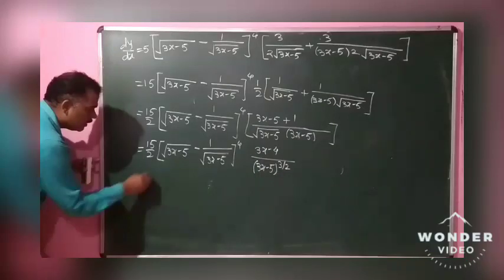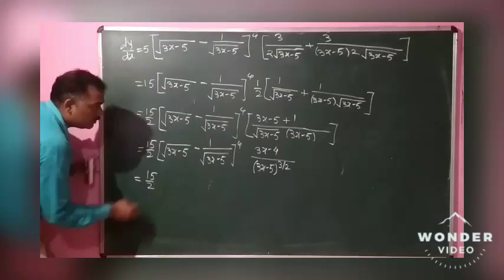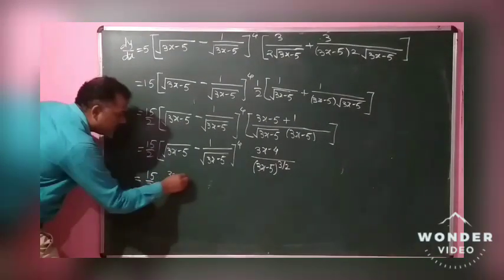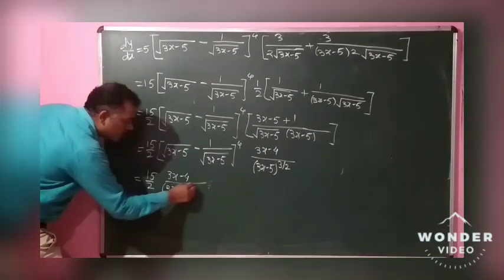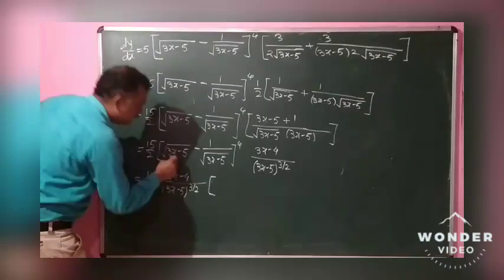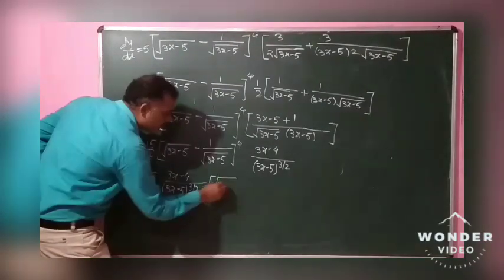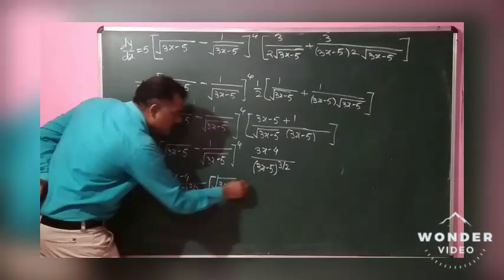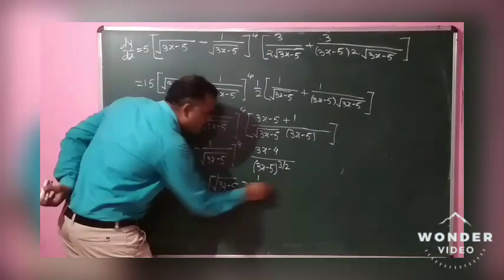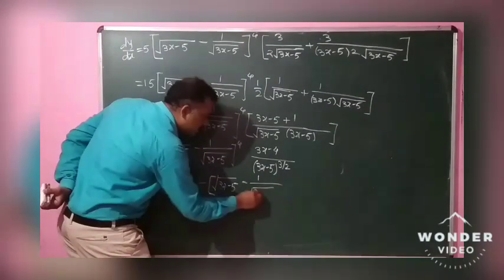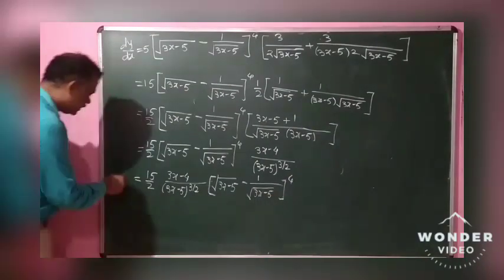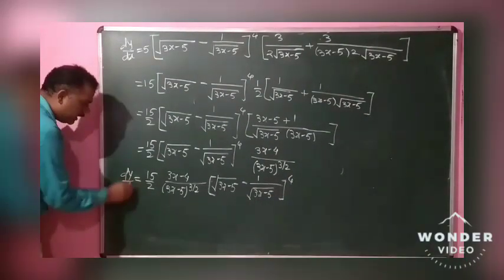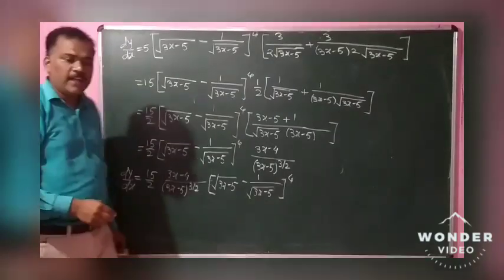That is 15 by 2 into 3x minus 4 divided by 3x minus 5 raised to 3 by 2 into this bracket as it is root of 3x minus 5 minus 1 upon root of 3x minus 5 bracket raised to 4. That is the dy by dx, which is the required answer.